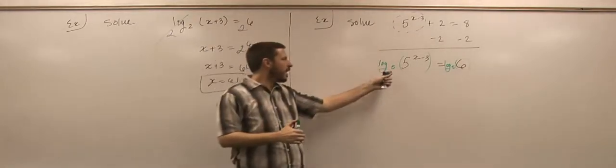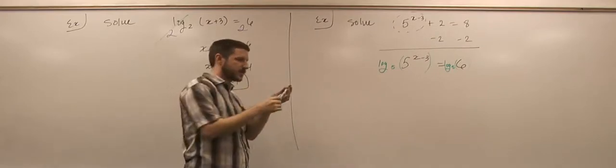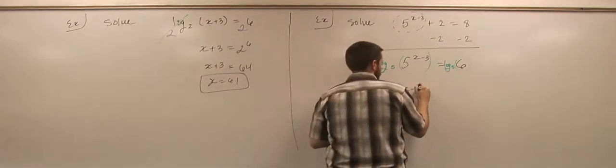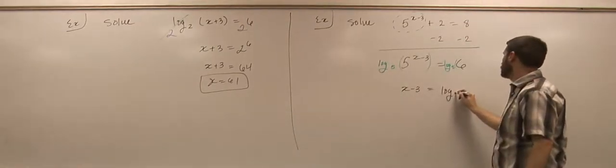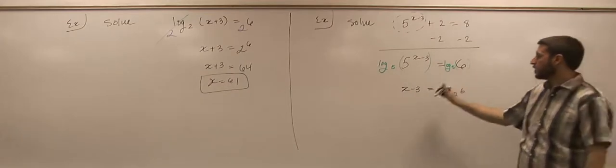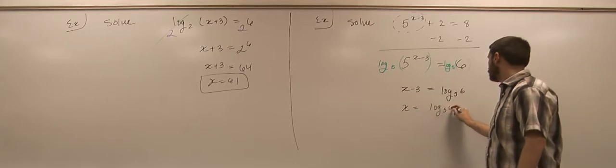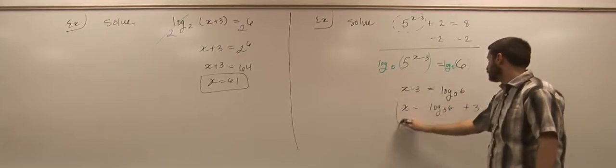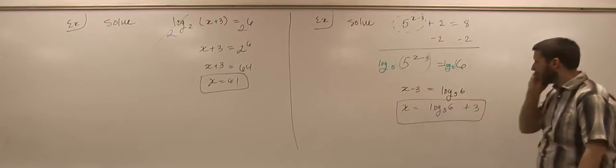What's log base 5 of 5 to the x minus 3? The x minus 3 is left, right? On this side, you're left with log base 5 of 6. Add the 3. So x equals log base 5 of 6 plus 3.